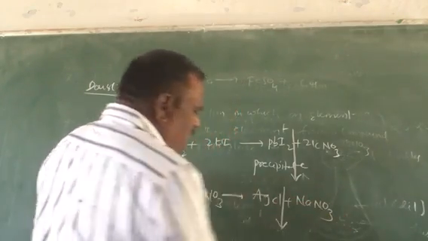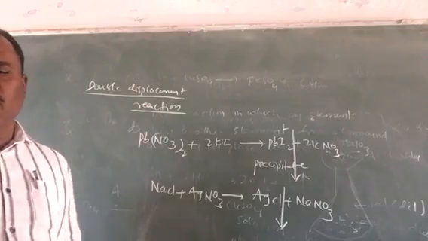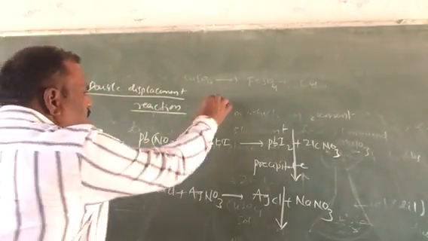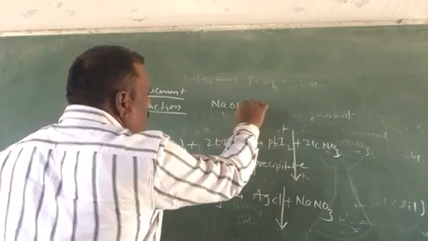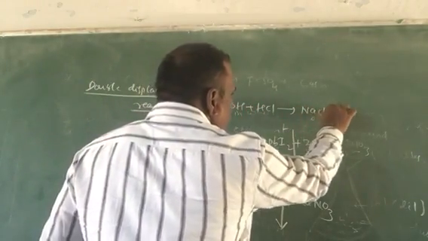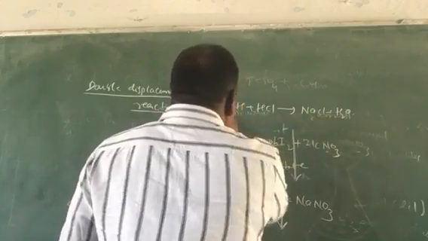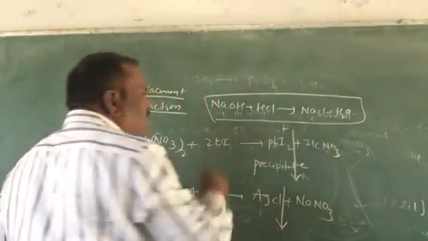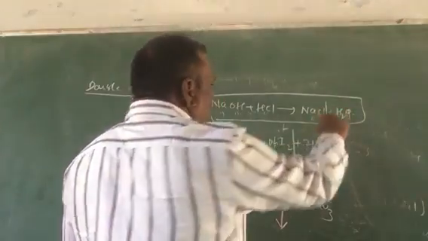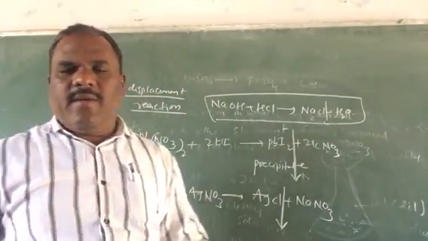This is the precipitate, AgCl. One more example: sodium hydroxide NaOH plus HCl gives NaCl plus H2O, and this chemical reaction is also called a neutralization reaction.